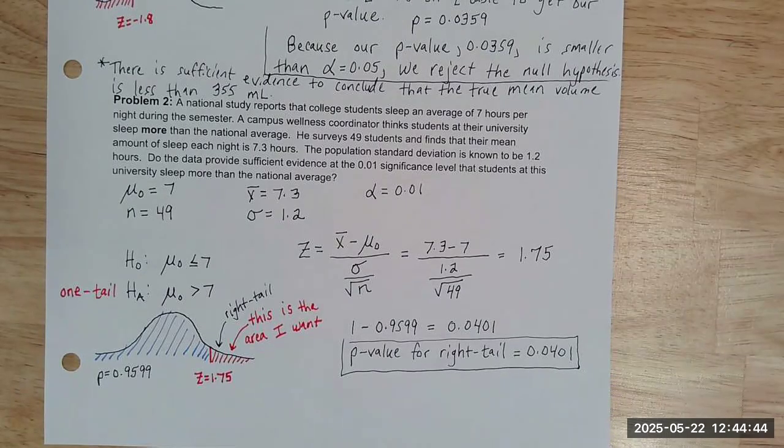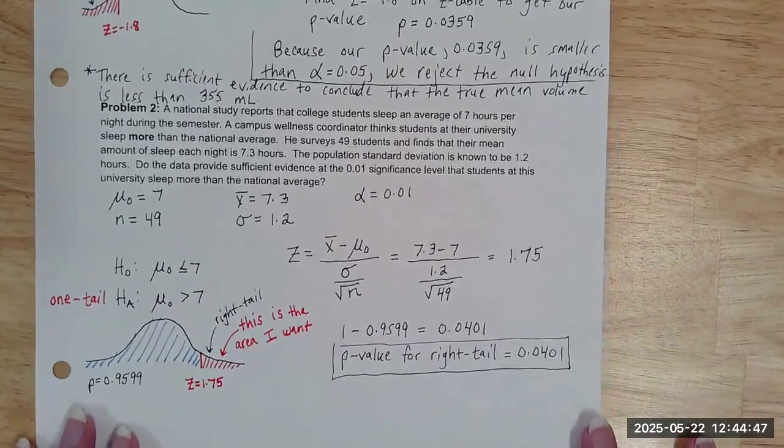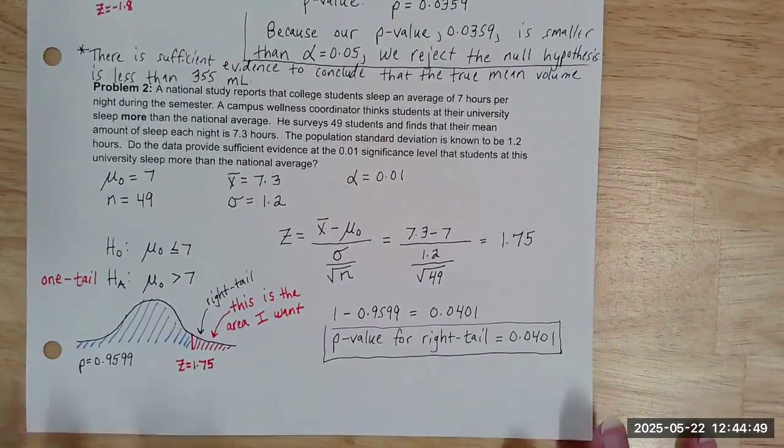Okay, but now what we're doing with the p-value and the alpha is exactly the same as what we did last time. So we're looking at our p-value, 0.0401, and you're looking at your alpha, 0.01. In order to say something interesting, we want the p-value to be smaller than the alpha. My alpha is smaller than my p-value. My p-value is bigger than my alpha.